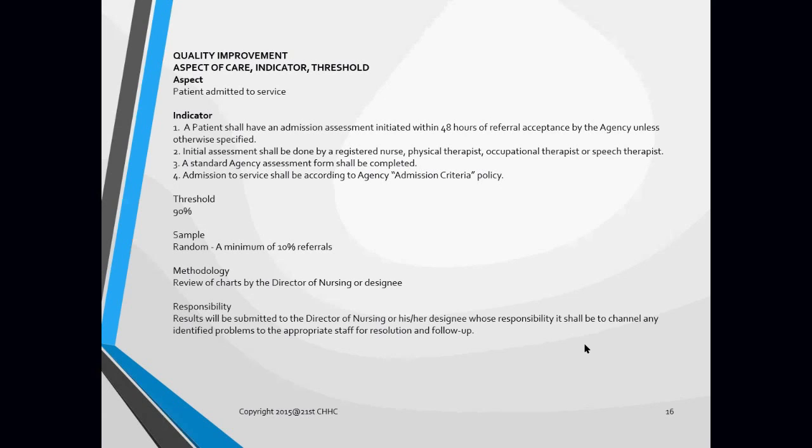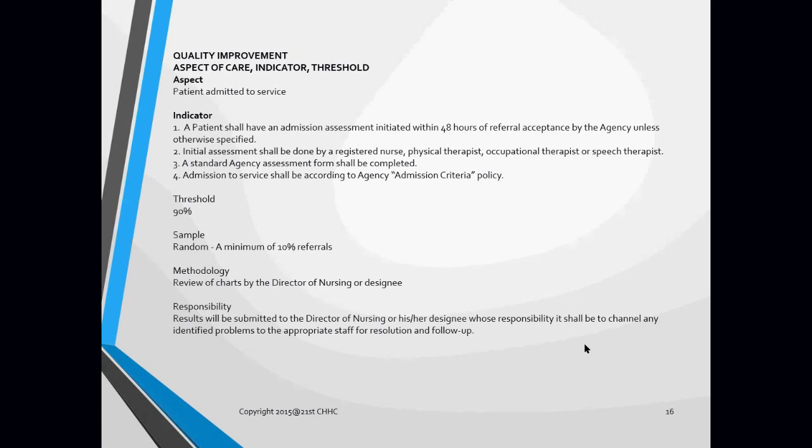So for this particular one, it states that the patient's going to have an assessment completed or initiated within 48 hours of the referral. If it's not, then there's going to be documentation otherwise. The initial assessment is going to be done by the registered nurse, physical therapist, OT, speech. The standard agency assessment is going to be used.